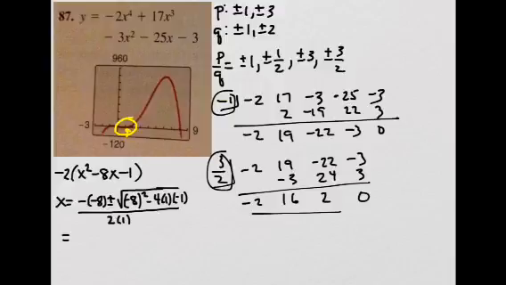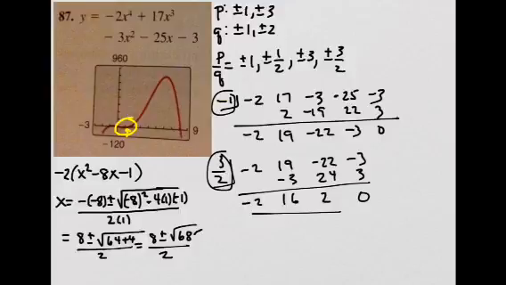So we have -b plus or minus the square root of b squared minus 4 times a times c all over 2a. So I get 8 plus or minus the square root of 64 plus 4, because a negative and then a negative over here, that's positive, all over 2. So that's 8 plus or minus square root of 68 over 2.